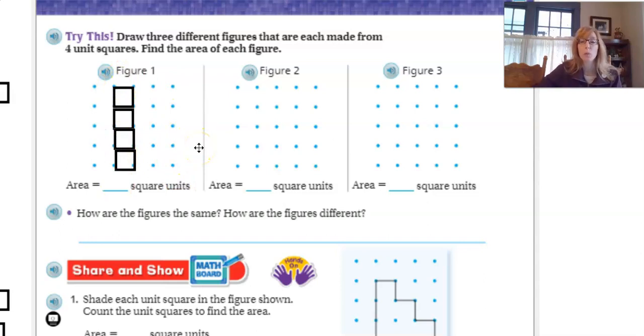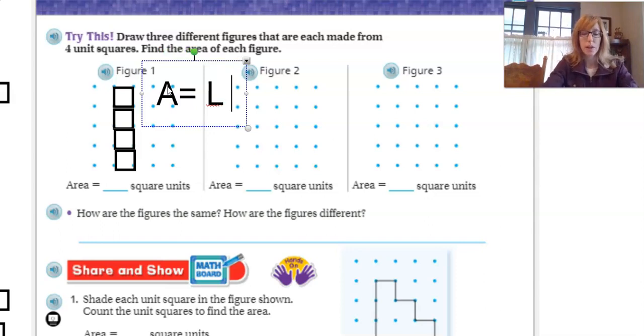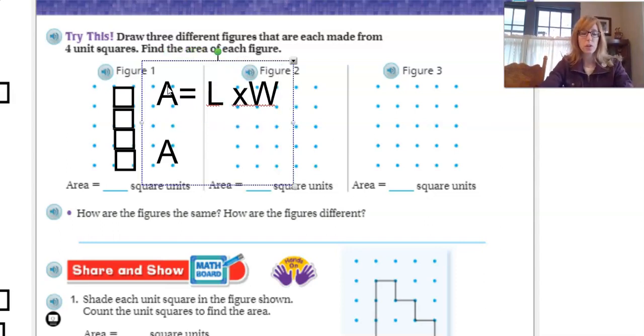Okay, so we know area equals length times width. So we're going to do area equals, and we want to know our numbers.